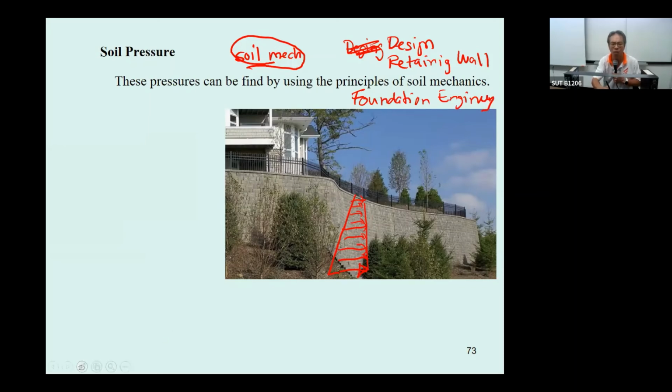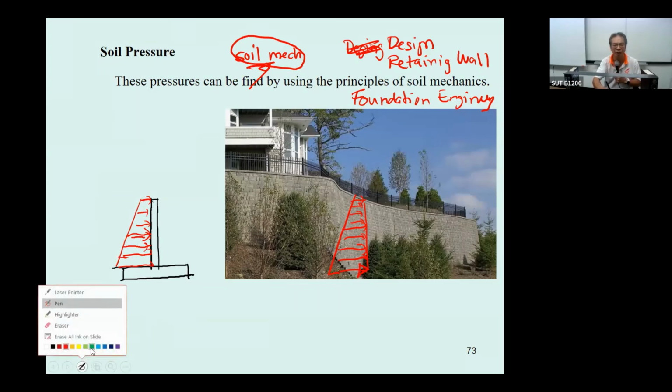If you model it, this wall is supposed to be vertical like this, and then you must put the foundation in, and under soil mechanics and foundation design, you can approximate the loading that acts on this retaining wall, and you also need to design the foundation.